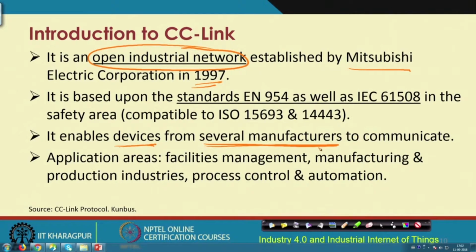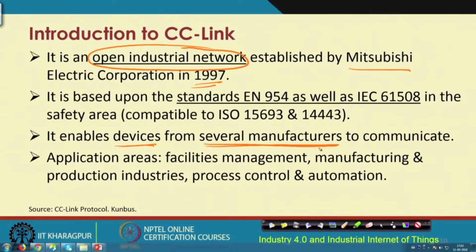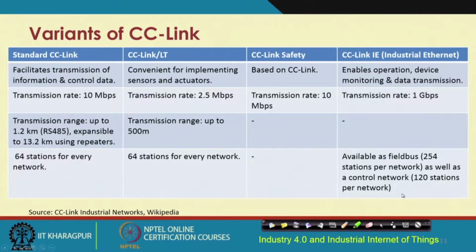This interoperability between different devices is supported to a large extent by the CC link protocol. In terms of application areas, facility management, manufacturing production, process control and automation are supported by the CC link protocol.